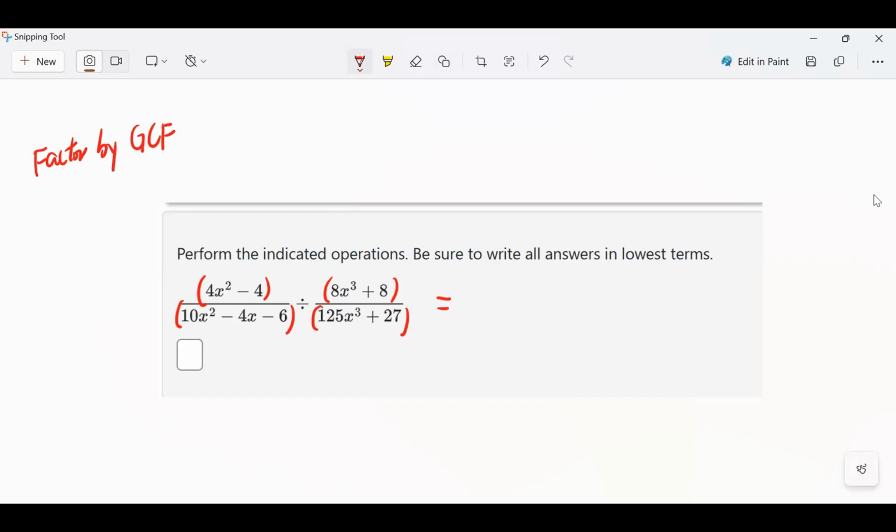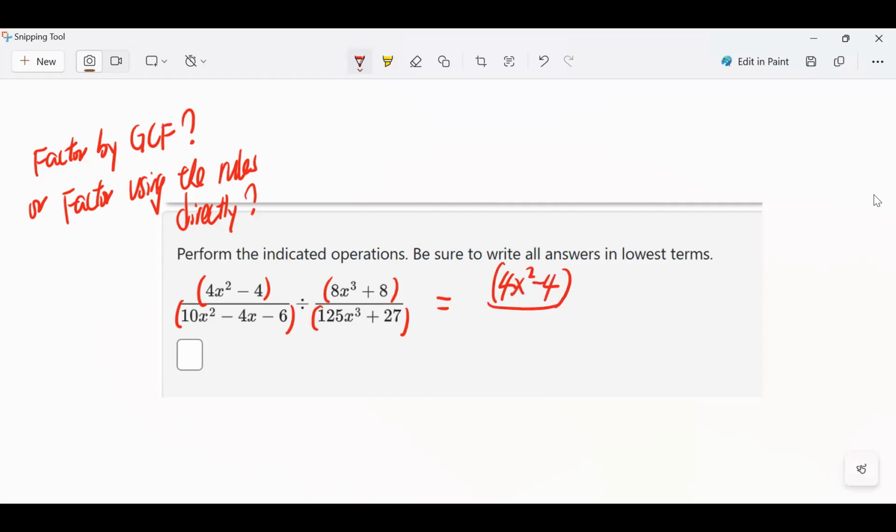Anybody think about that? Or factor using the rules directly? Which way to go? So I'm going to write it first.